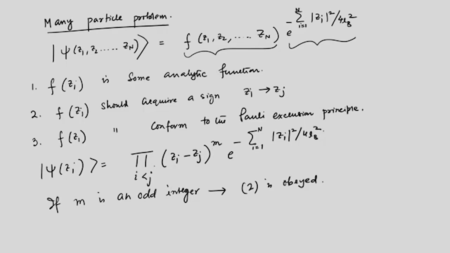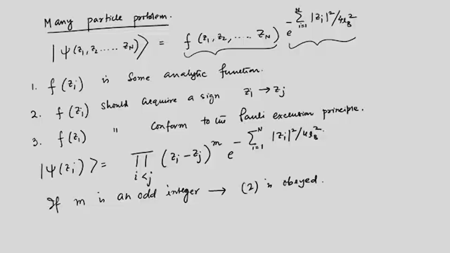And that is why we said that this m has to be an odd integer, and the filling fraction would correspond to 1 over m. That is another thing that we will show in a moment. And remember that in the Laughlin states m is actually an odd integer.